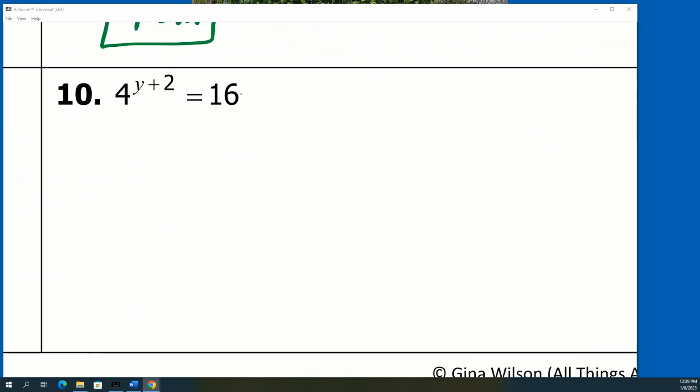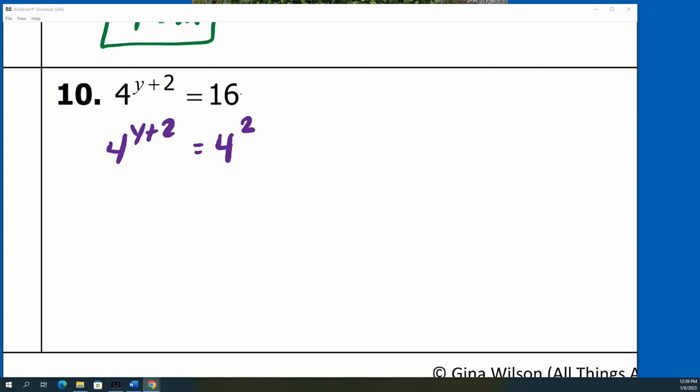All right, so you guys look at 10. We're going to have to write these with the same base. The base can be 4. It actually could be 2 also, but it's going to be easier if we use 4. So how can you rewrite 16? 4 to the second.